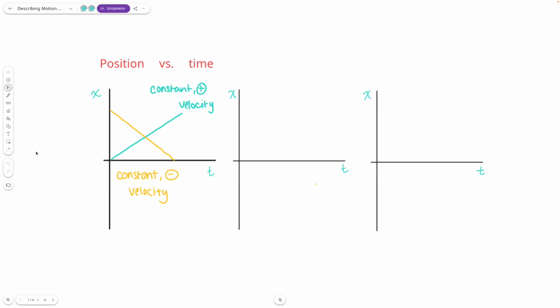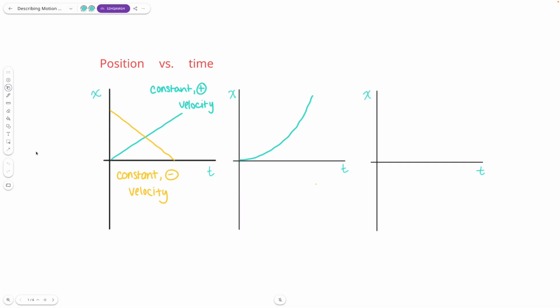Another option that we could see for a position versus time graph would be an object that has increasing speed, it's speeding up. If how we describe our slope is how we describe velocity, then for something that has an increasing velocity, we're going to see an increasing slope, or a slope that is getting steeper with time. So if you have an object that is moving in the positive direction and speeding up, your graph is going to look like this.